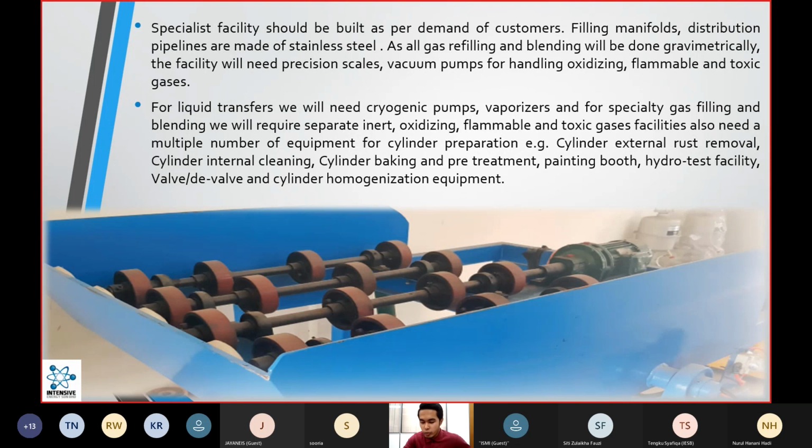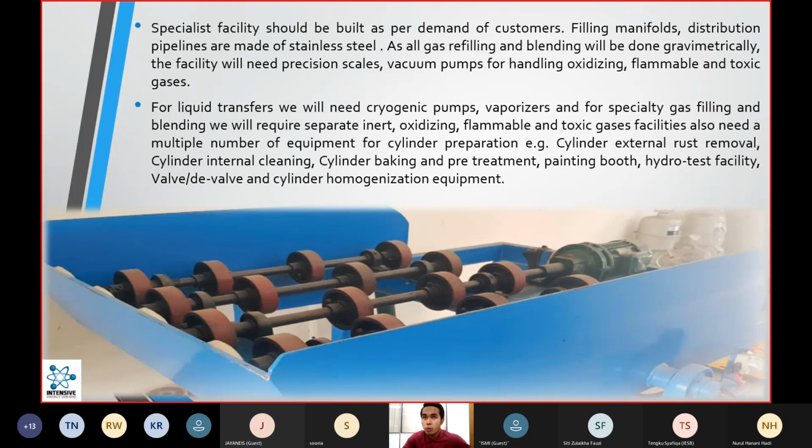To make sure of the quality of cylinders and calibration gases, manufacturers do cylinder external dust removal to remove dust from the cylinder surface, and cylinder internal cleaning, or what we call hydrotest cleaning, to clean up all the impurities inside the cylinder to make sure the inner part of the cylinder is totally clean.